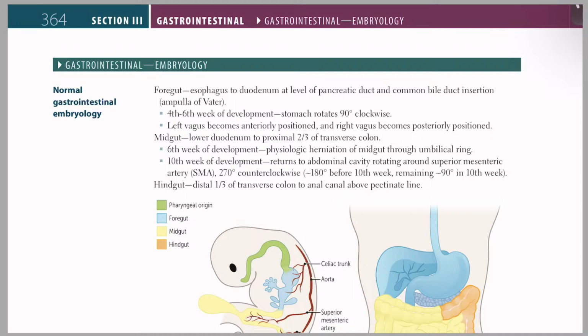Left vagus becomes anteriorly positioned and right vagus becomes posteriorly positioned.